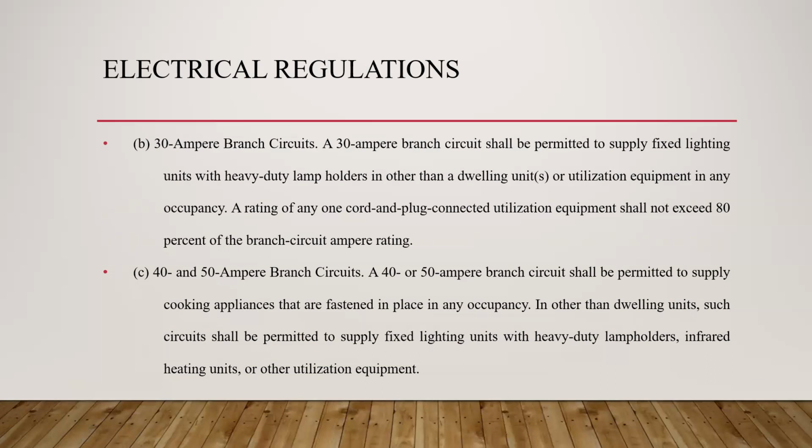Letter C, yung ating 40 and 50 ampere branch circuits, shall be permitted to supply cooking appliances. Meron tayong certain sample dito later, yung ating range load. Kumbaga yung stove na ginagamit is electric, that are fastened in place in any occupancy. In other than dwelling units, such circuits shall be permitted to supply fixed lighting units with heavy-duty lamp holders, infrared heating units, and other utilization equipment.